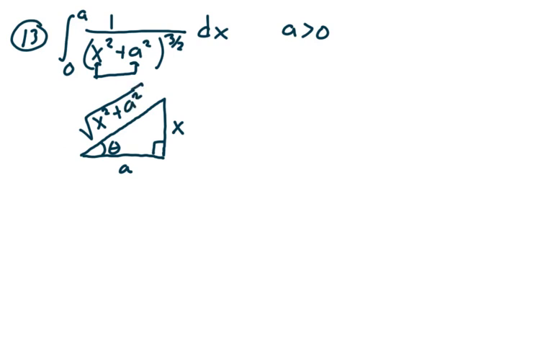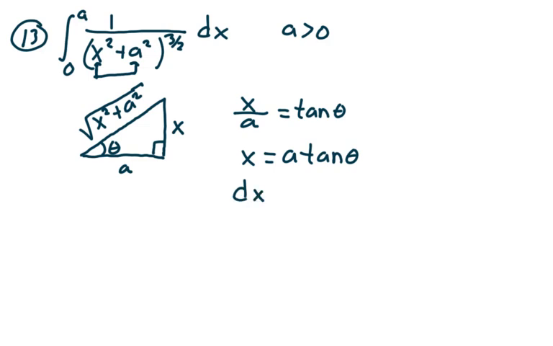Okay. Now, if I take x and divide it by a, so if I take the opposite side over the adjacent side, I get tangent theta. So multiplying both sides by a, that says x equals a tangent theta. dx is a secant squared theta d theta.